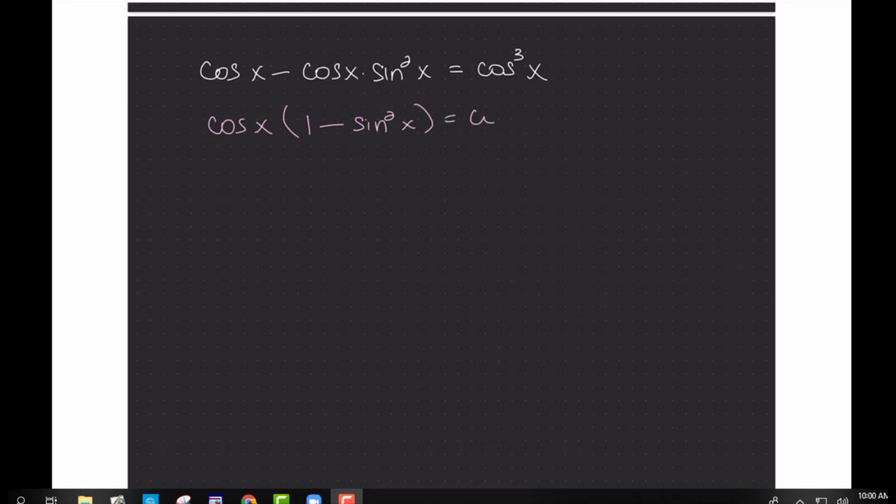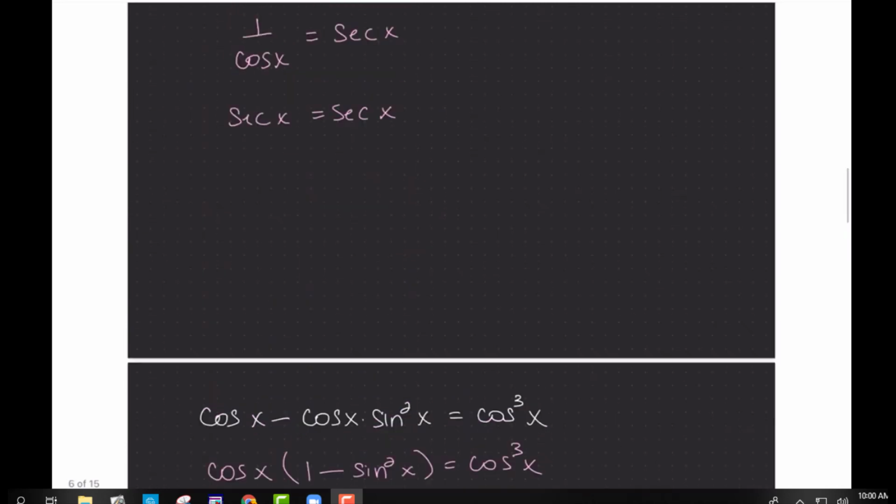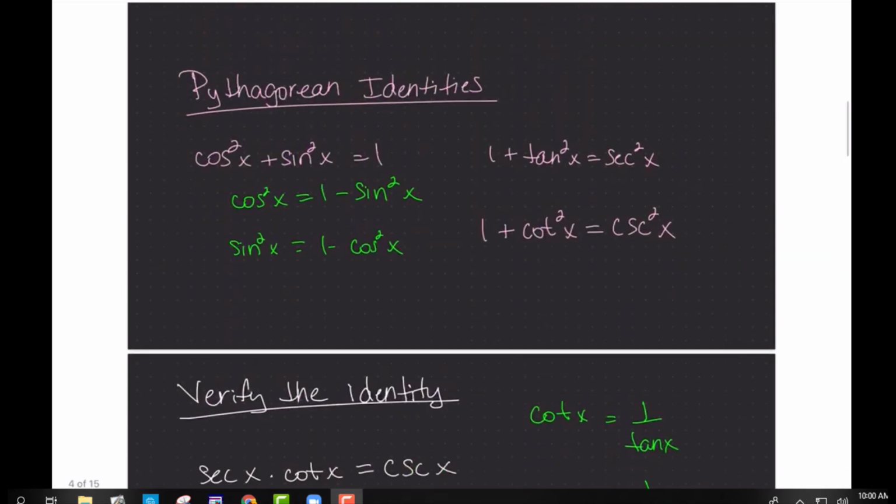And we want to show that that equals cosine to the third, right? So now on the piece that I have factored out, does any of that match up with anything that I have back here in my identities?